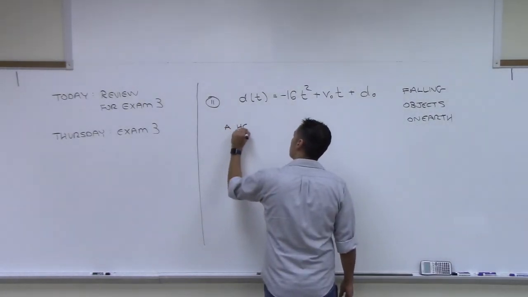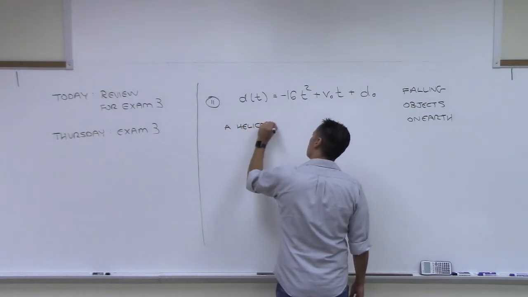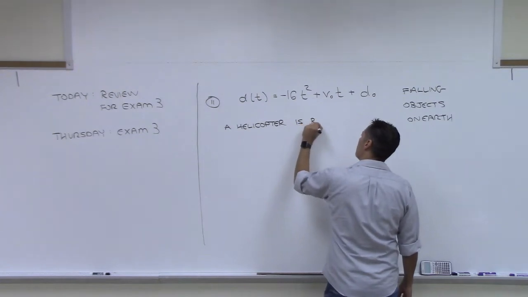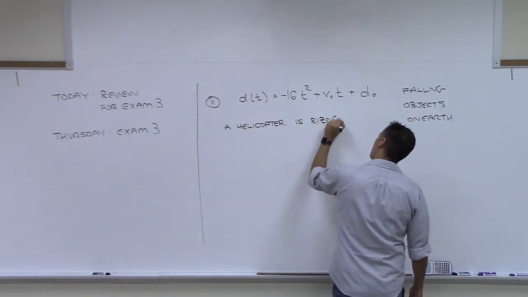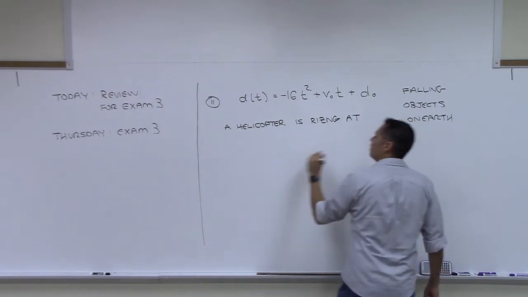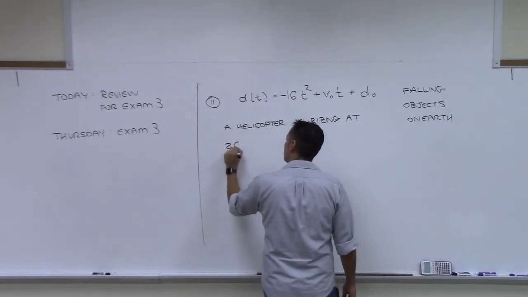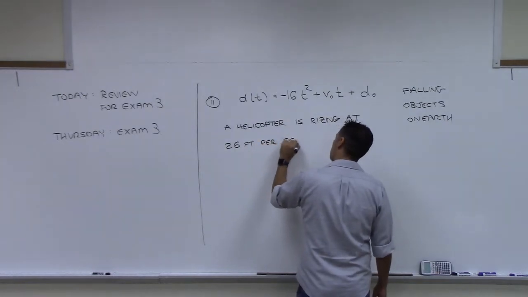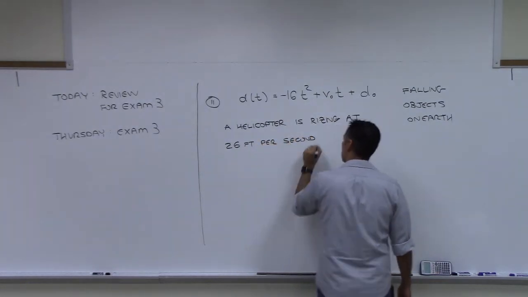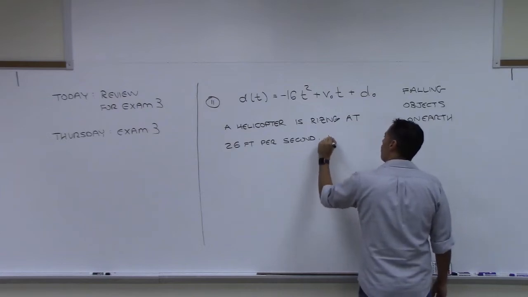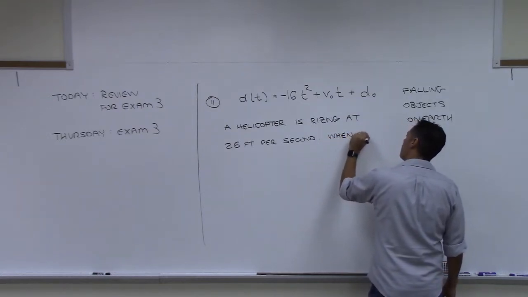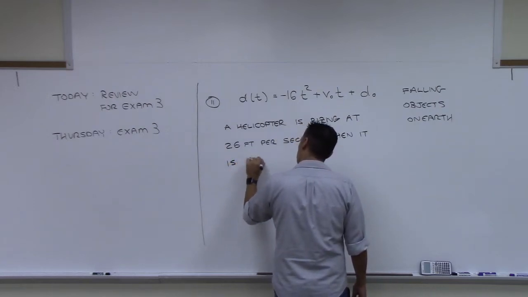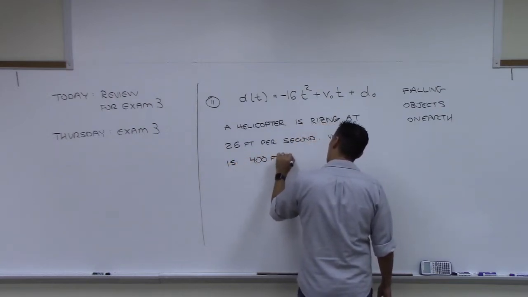A helicopter is rising at 26 feet per second when it is 400 feet high.